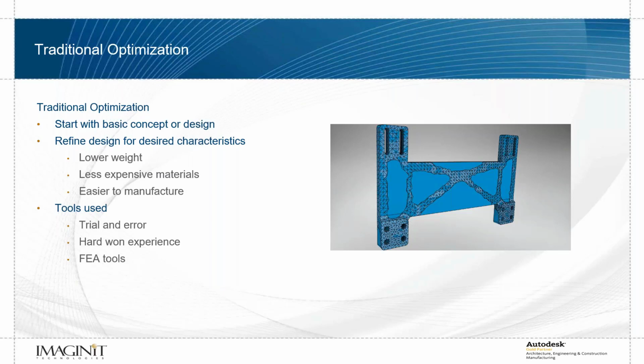And the ways we may refine it, we want it to weigh less. I don't want this big, heavy plate. Maybe we're going to reduce it a little bit. Maybe we want to look at less expensive materials, or find a way that, yes, it works like this, but gosh, could we just, instead of doing a casting, could we weld it together? And the tools that we typically use for that, one is just trial and error.